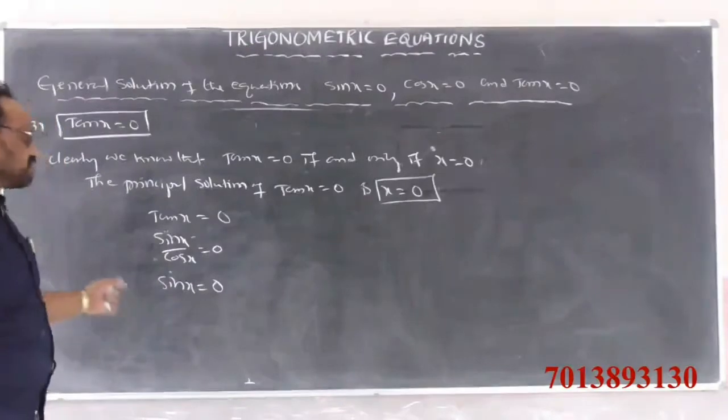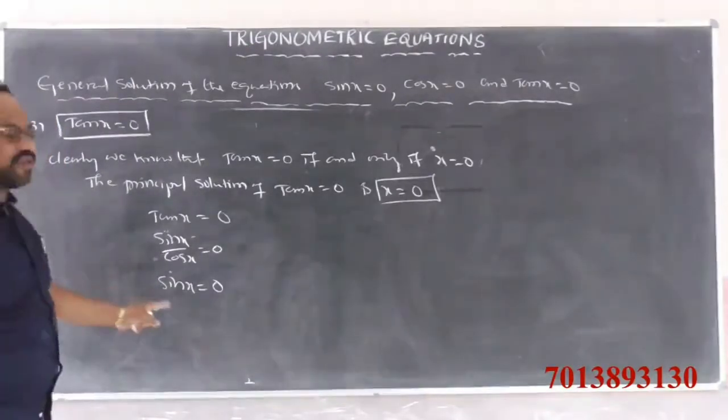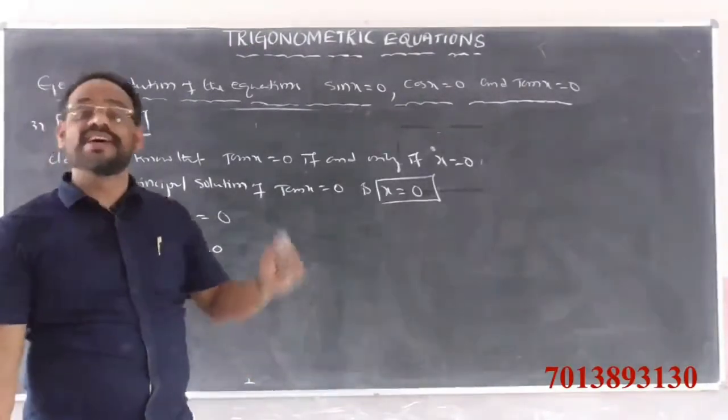What is the general solution of sin x equals 0? We already know that it is clearly n pi.